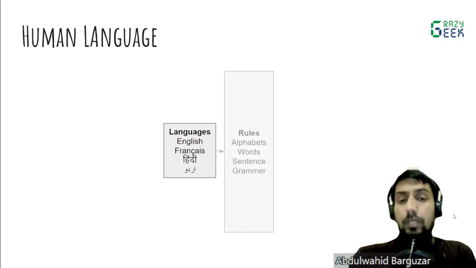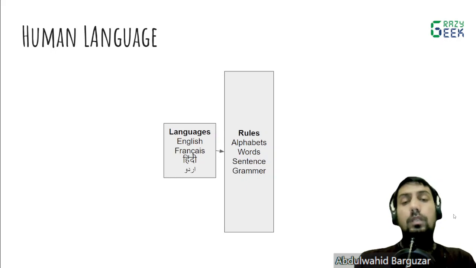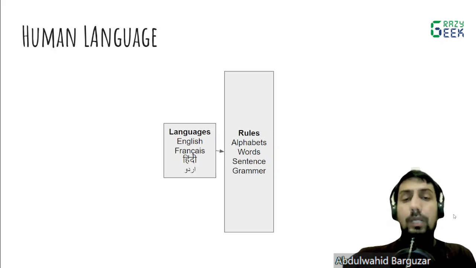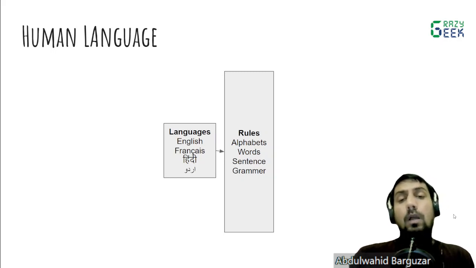And here, we'll see how we use these languages to communicate with each other, and what the advantages are that we take from using these languages. All right. So we can see each and every language comes with its set of rules and regulations.